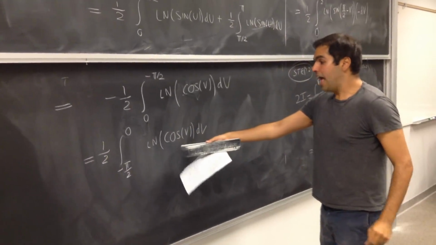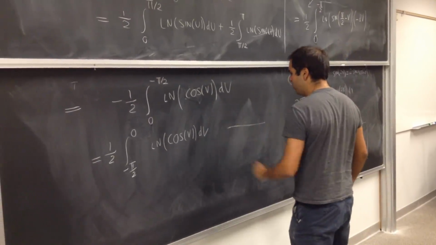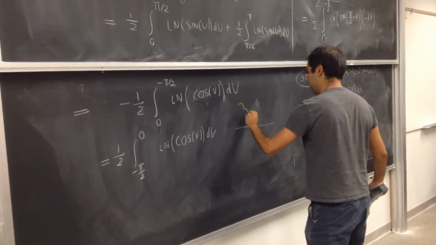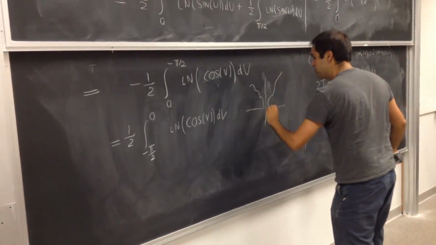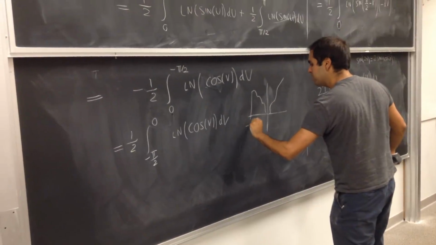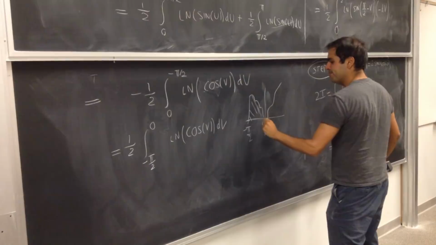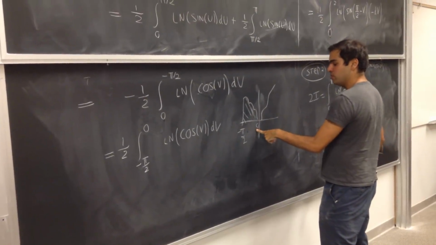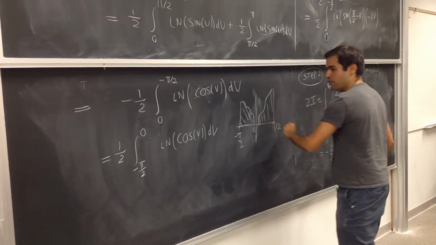But look, ln of cosine of v is an even function. So whatever this looks like, suppose it looks like this. Because we have an even function, the area from minus pi over 2 to 0 is the same as the area from 0 to pi over 2.